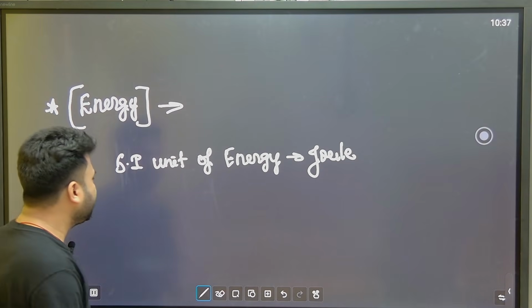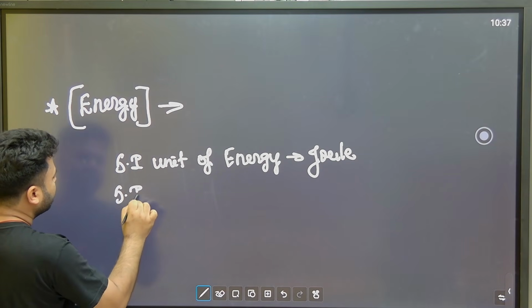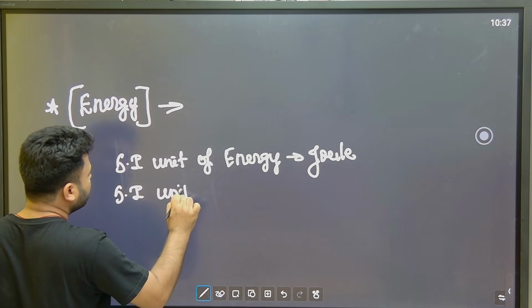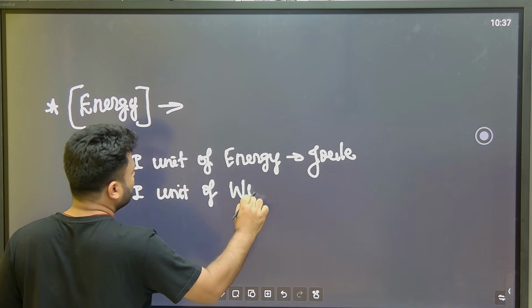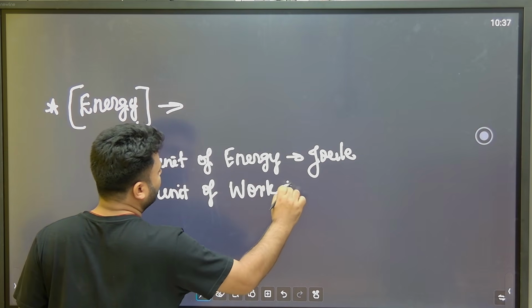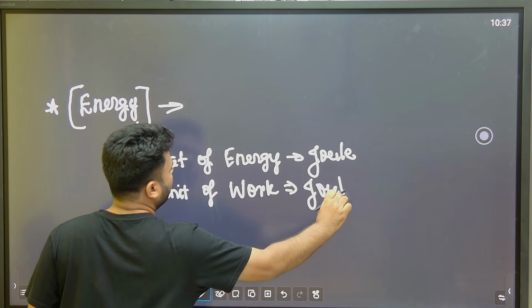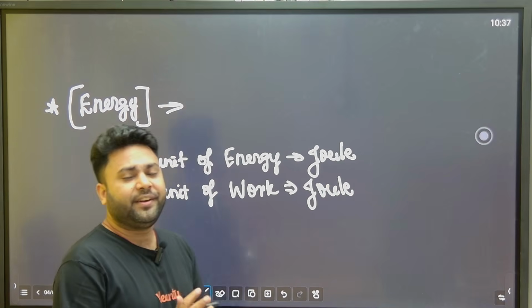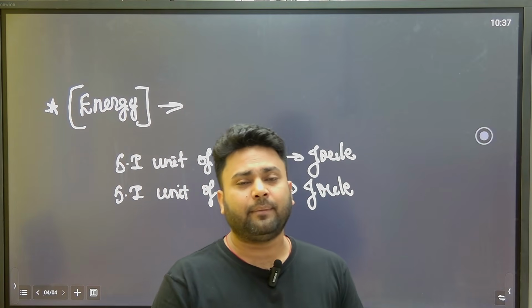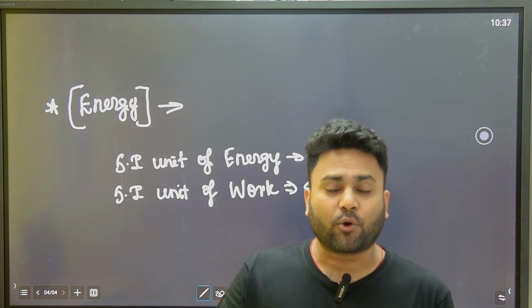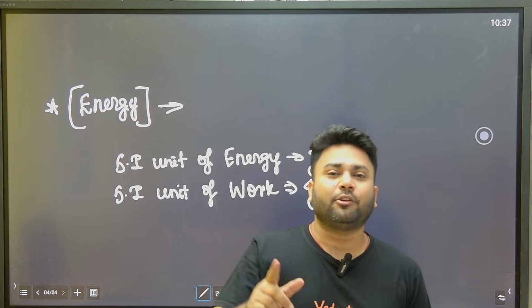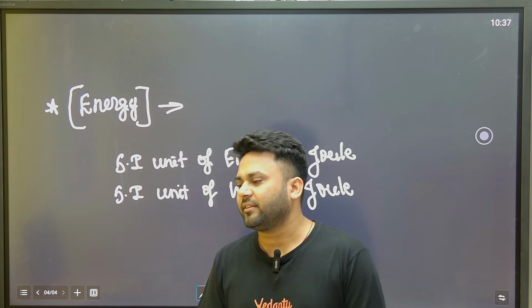Now if I ask what is the SI unit of work? This is also joule. So always remember that quantities which have the same SI unit will have the same dimension.